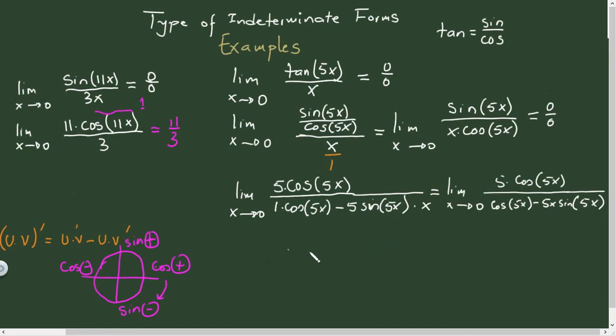Now let us plug in 0 everywhere to see what it gives us. If I plug in 0, the cosine of 0 is 1, so we have 5 on the numerator. Plugging in here, it gives me 1 again.